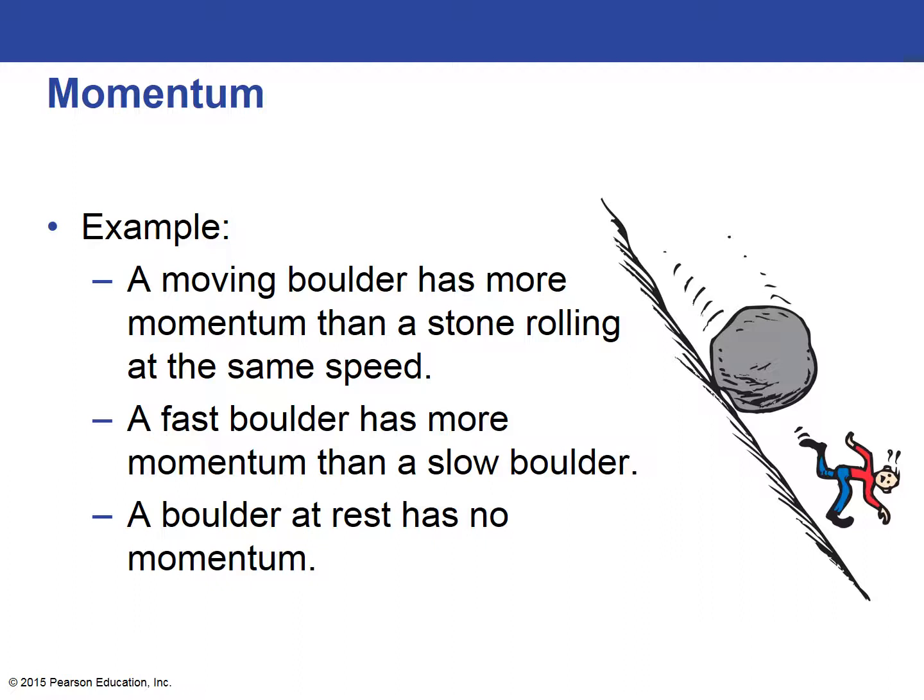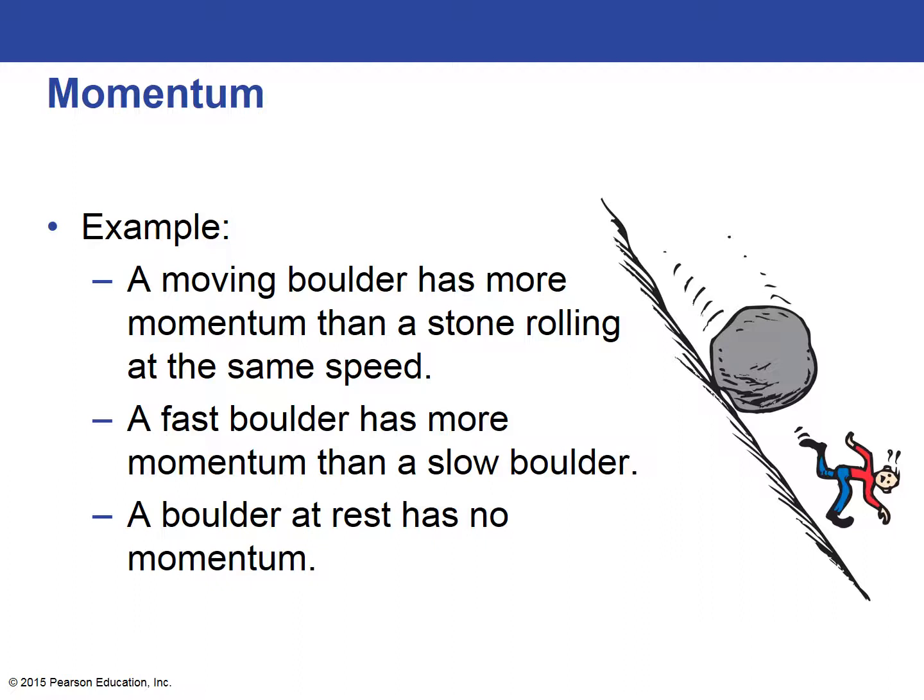You remember that objects that are either rolling down a hill or falling in free fall under gravity all increase their velocity at the same rate. So the velocity of a large boulder is going to be the same as the velocity of a small boulder when starting from rest. And at any given time after it has started rolling, the velocity of the small boulder will be the same as the velocity of the large boulder.